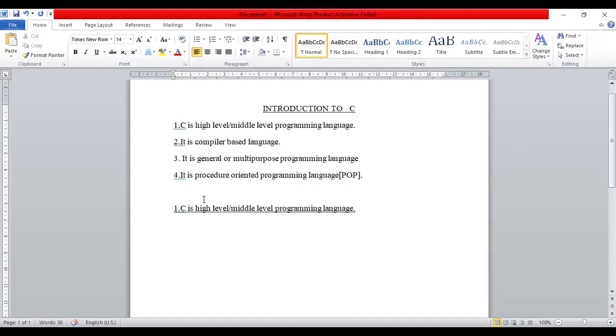No, no, no. Only regional languages or some specific languages are used for communication between human to human. But C, such type of language, is not used for communication between human to human. Sir, if it is not used for communication between human to human, then where is it used?